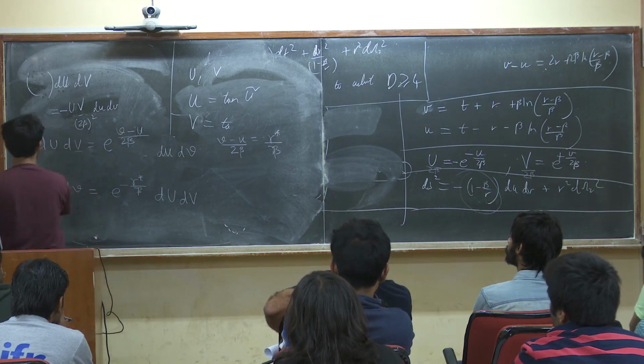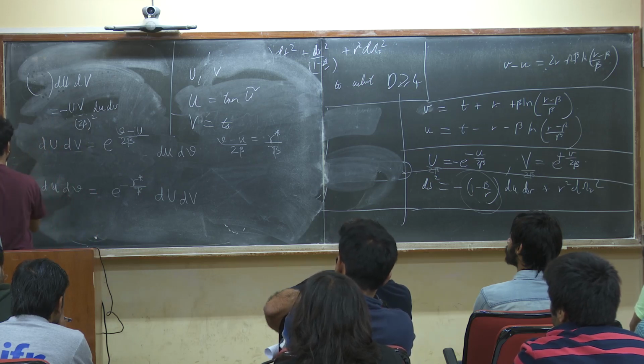Now here is a factor in the matrix, that is 1 minus beta by r.